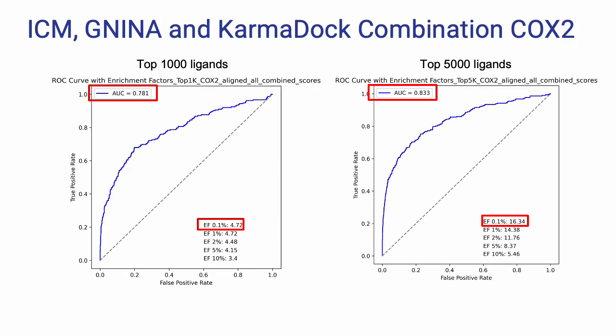For COX-2, it showed AUC values of 0.83 and 0.78 with EF values of 4.6 and 16.3 for the top 1,000 and top 5,000 ligands respectively, showing good discrimination between actives and decoys with low enrichment for the top 0.1%.